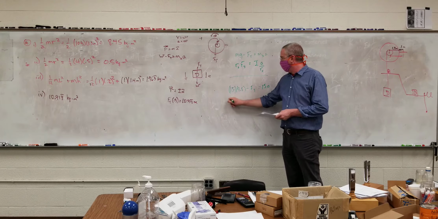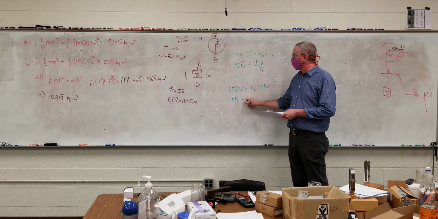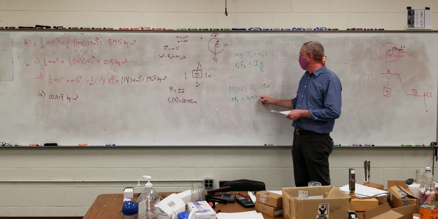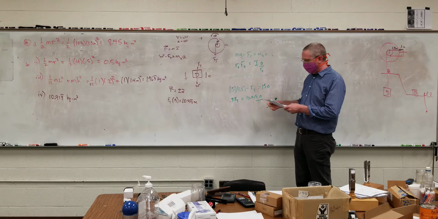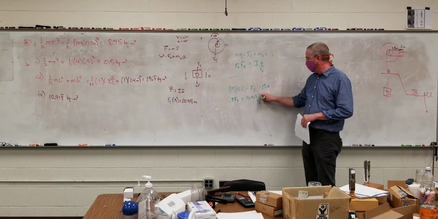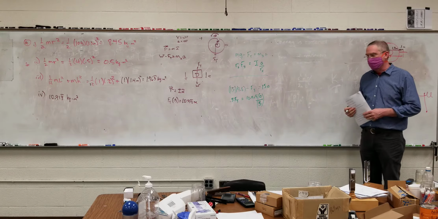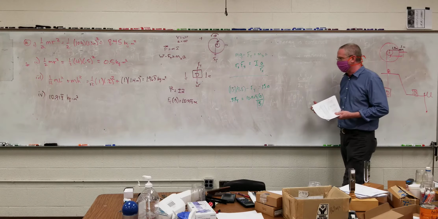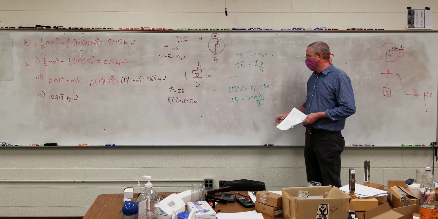And then 0.5 times my tension is equal to 10.913 repeating times acceleration divided by 0.5. Two equations, two unknowns, however you want to solve it. Ultimately, we want to know a.